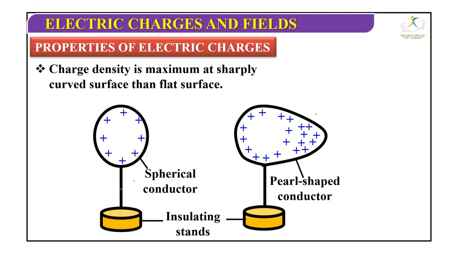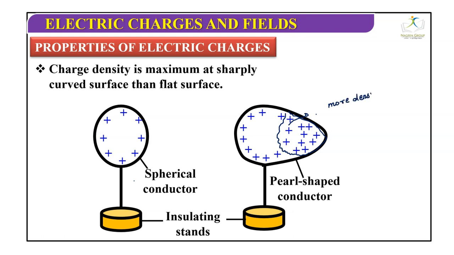In this spherical conductor, you will see a spherical distribution, which means the distribution will be uniform. But in the pear shape, where the surface is curved and sharp, there will be more density.